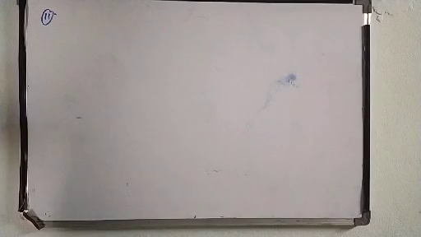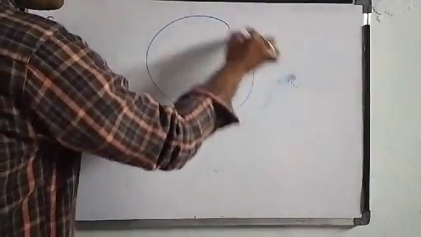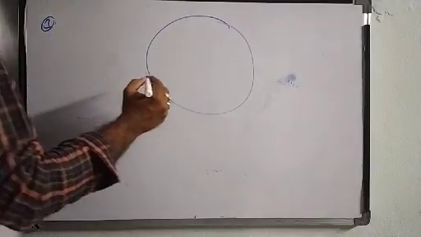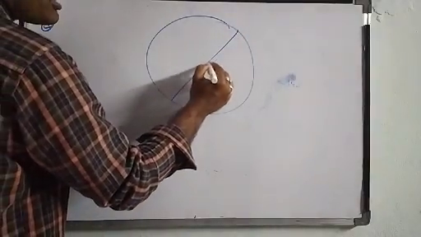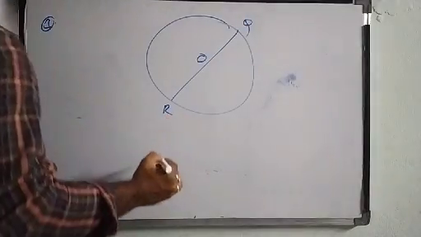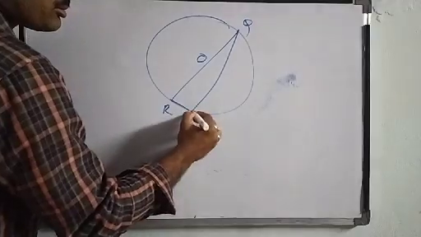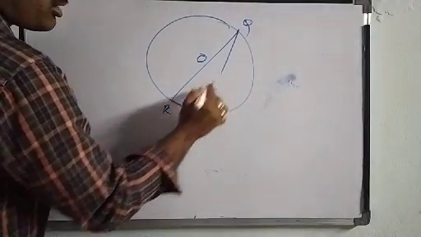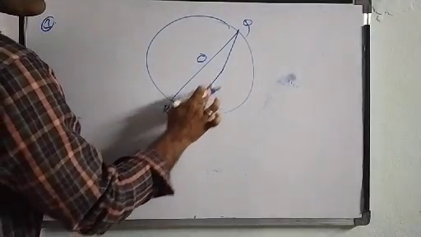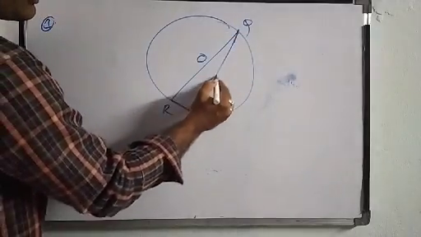Okay, next I am going to pick up 12.3 exercise first question. In the circle, diameter is given, QR is the diameter, so there is one triangle formed like this.